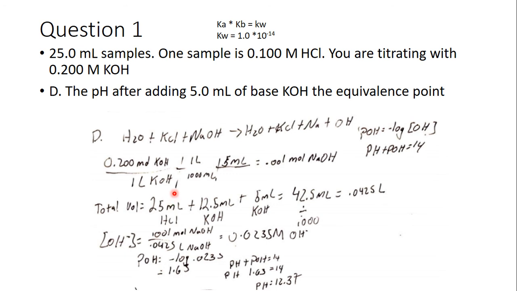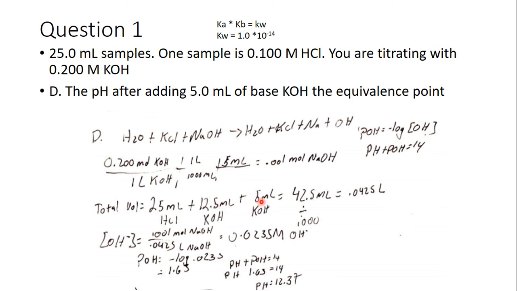So I need to look at my total volume in my titration so far. I started with 25 milliliters of HCl. To get to the equivalency point, which we looked at in B, I needed to add 12.5 milliliters of potassium hydroxide.